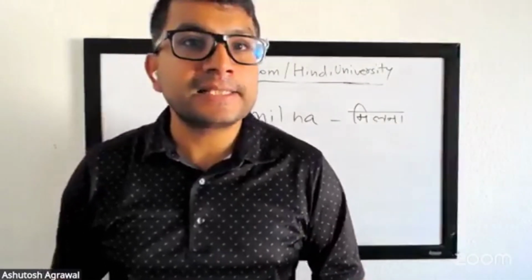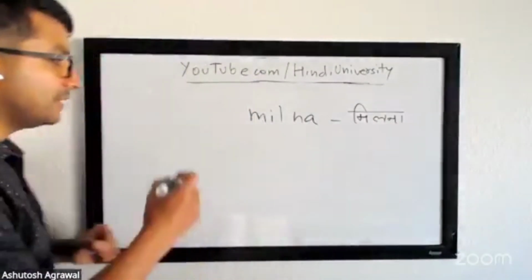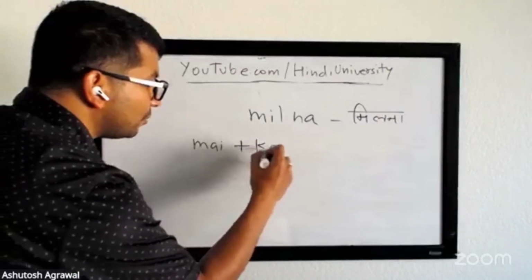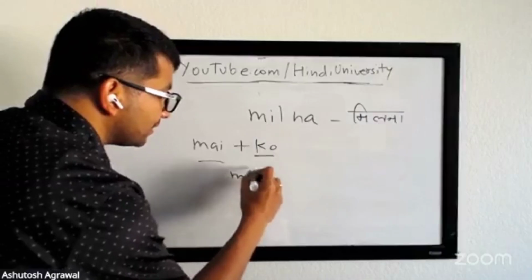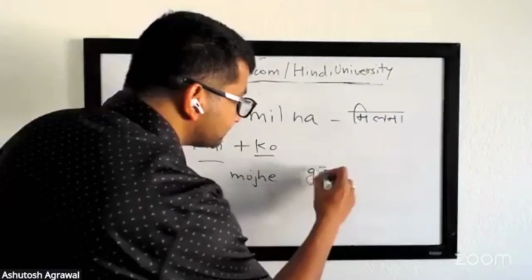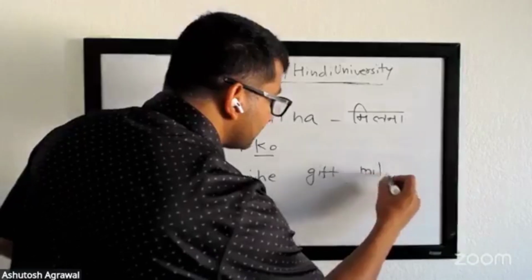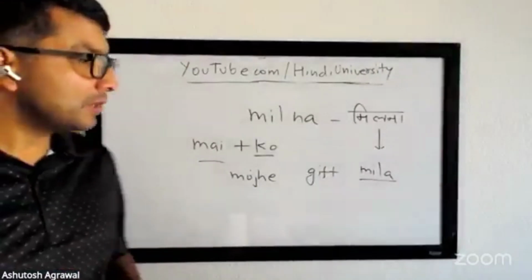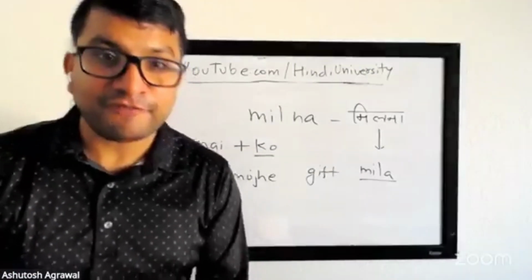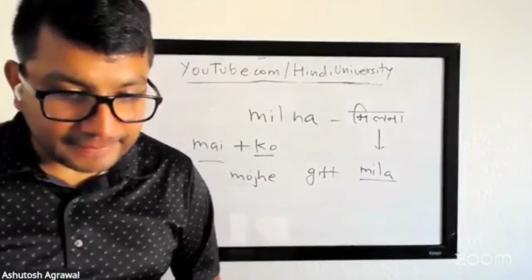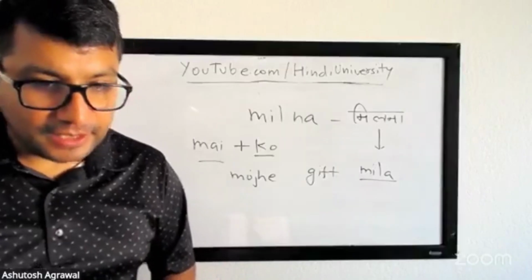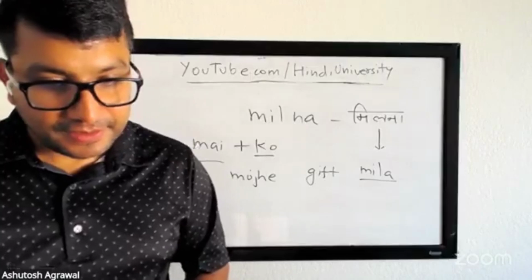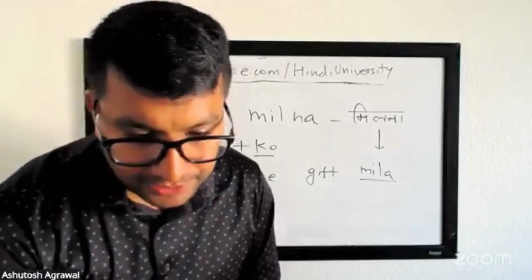So if let's say I received a gift, it will be main plus ko. मुझे gift मिला. Past tense. Milna, I'm using it in past tense. If I generally receive gifts, मुझे gifts मिलते हैं, और मुझे gift मिलता है. I'm going to share it again.